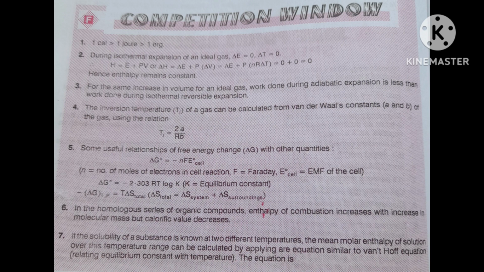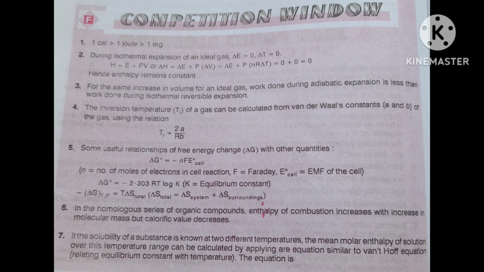The sense is the same. Then log C2 upon C1 is equal to delta H upon 2.303 R, in bracket 1 upon T1 minus 1 upon T2, because C1 and C2 are solubilities at temperatures T1 and T2 respectively. Hence delta H can be calculated.